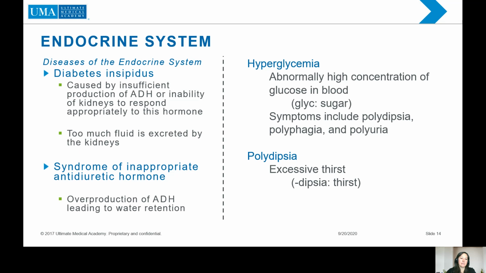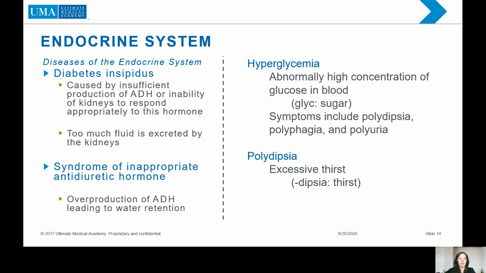So, more diseases about the endocrine system. Diabetes insipidus. This could be caused by insufficient production of ADH. Remember, that's the ADH hormone, or inability of the kidneys to respond appropriately to this hormone. So either you're not producing enough of the hormone or your kidneys are not responding to it.